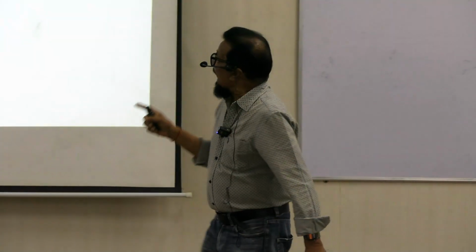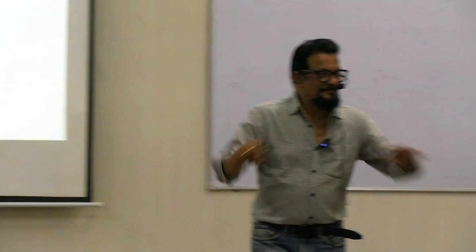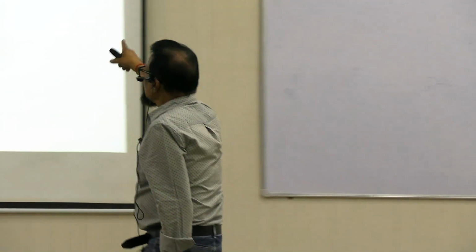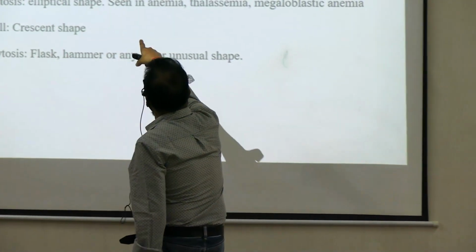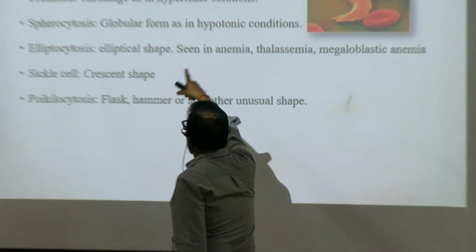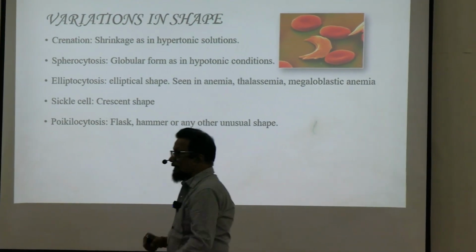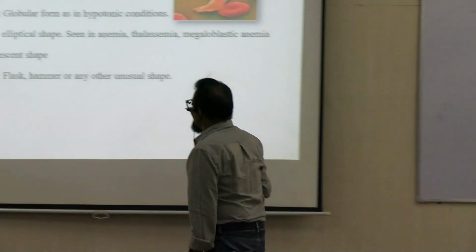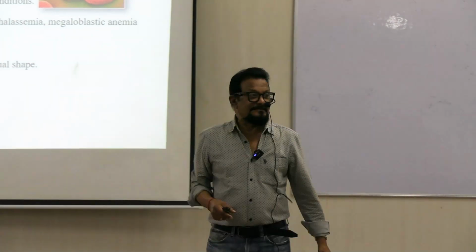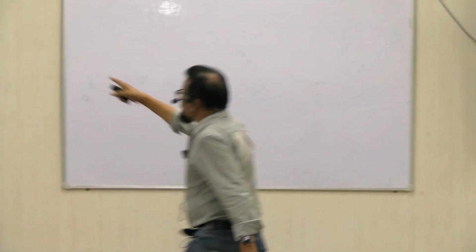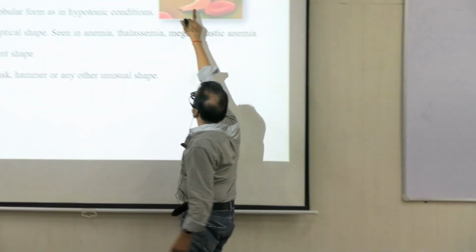Clear? Very easy. And then spherocytosis, like this. The condition is that if you place RBCs in hypotonic solution, they will get spherocytosis. Sickle cell anemia: in sickle cell anemia, they get a crescent shape, the appearance of a sickle.